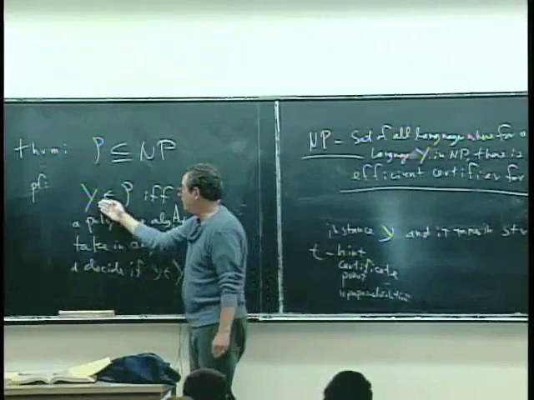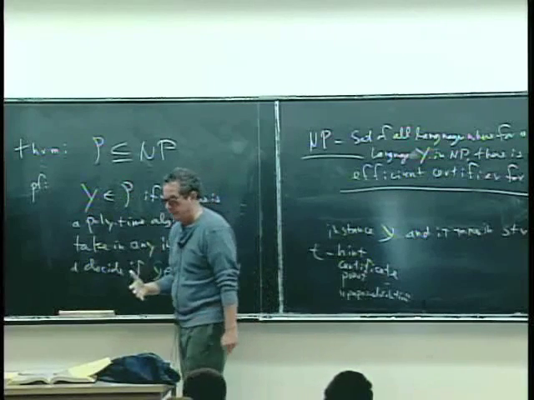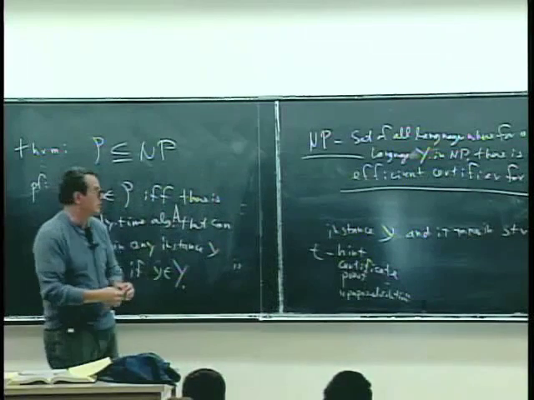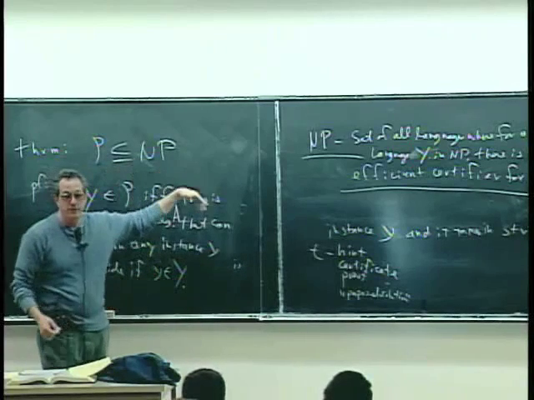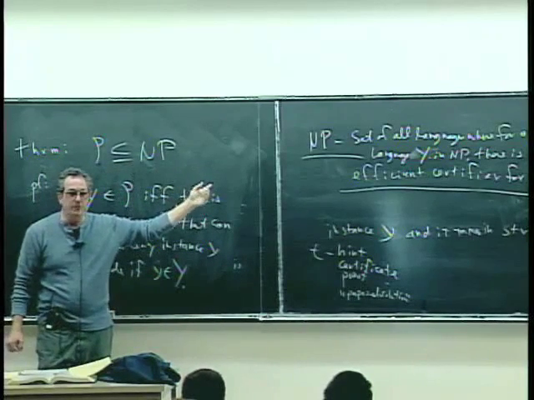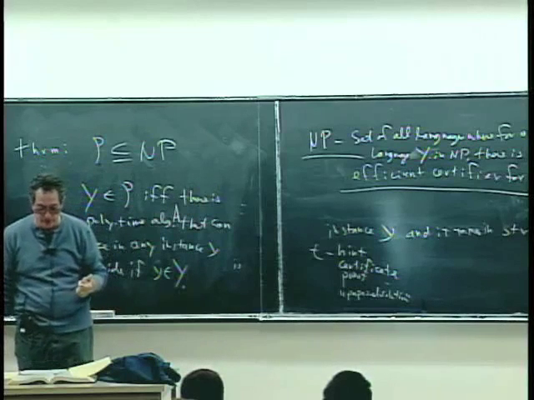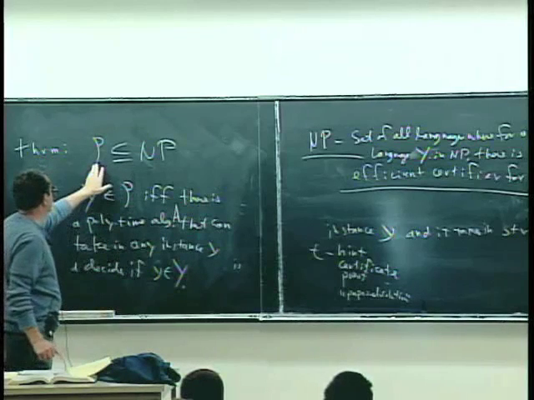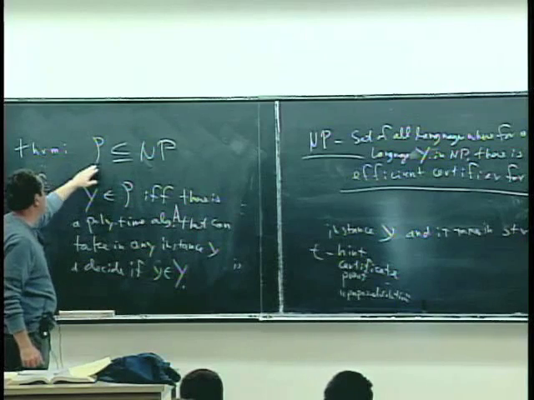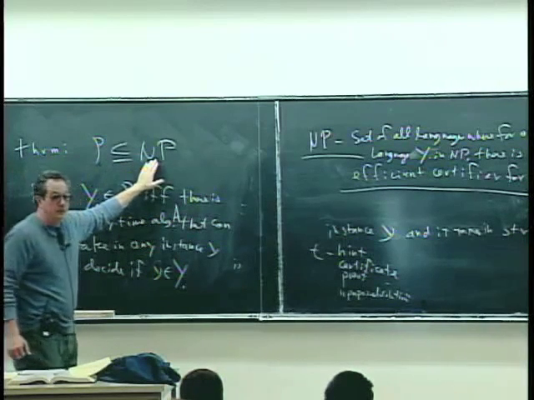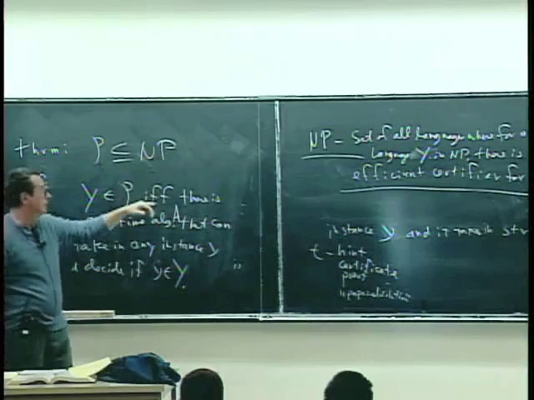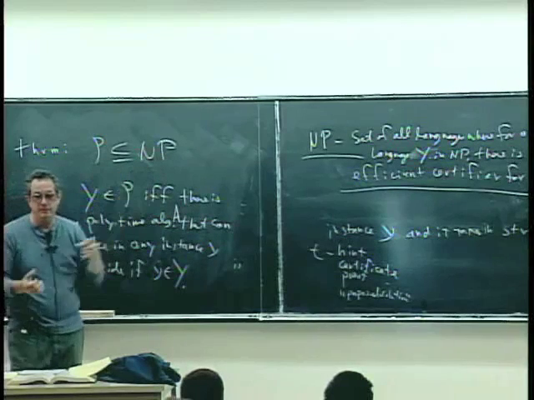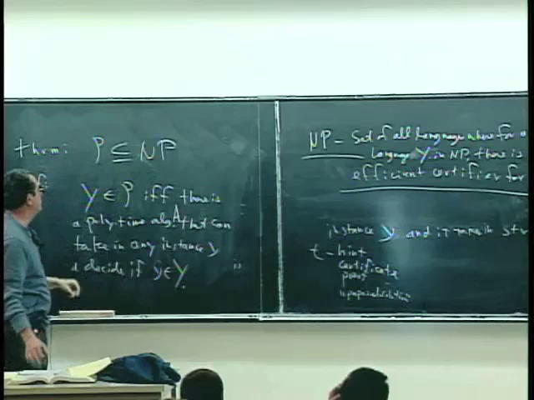So when you're in capital P, that's a really strong statement. So it almost trivially follows that you're in NP by this argument. Now, if you think back to the informal definition, where P was the set of all problems that could be solved in polynomial time, and NP was the set of all problems that could be checked in polynomial time, you couldn't prove this because the definitions just don't mesh properly.